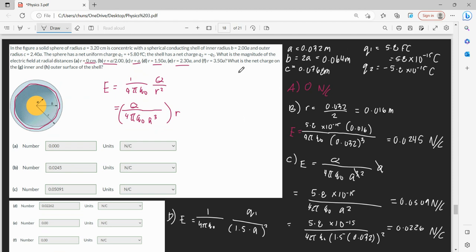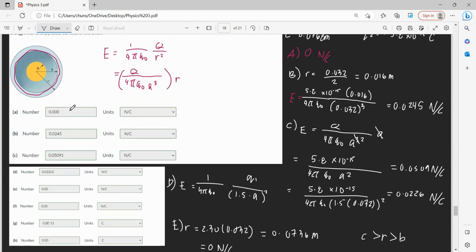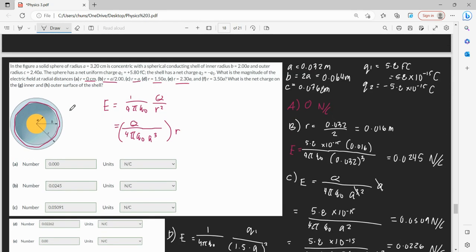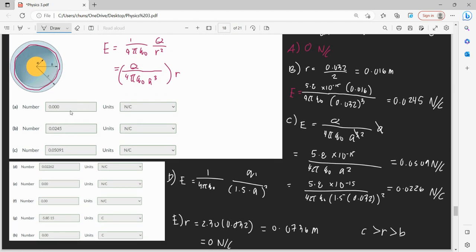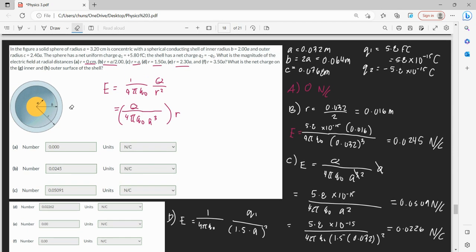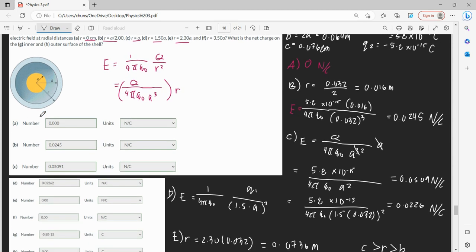And now we want to find the inner and outer shell for G and H. So, like our previous question, for our inner surface of the shell, it's only enclosing our Q1.